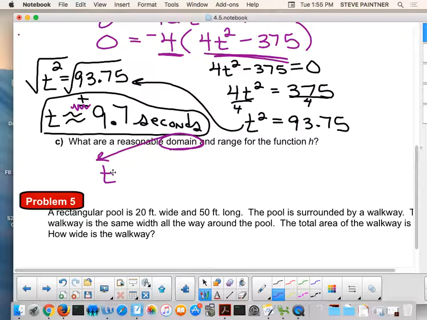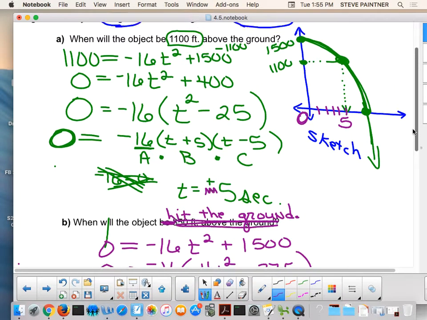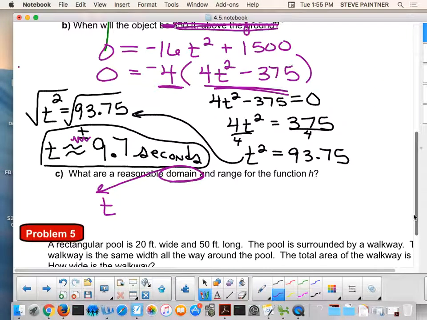Time will range between 0 to 9.7. You guys should say time goes from 0 seconds to 9.7. Because after 9.7, your answer is always going to be 0. It sits on the ground forever.